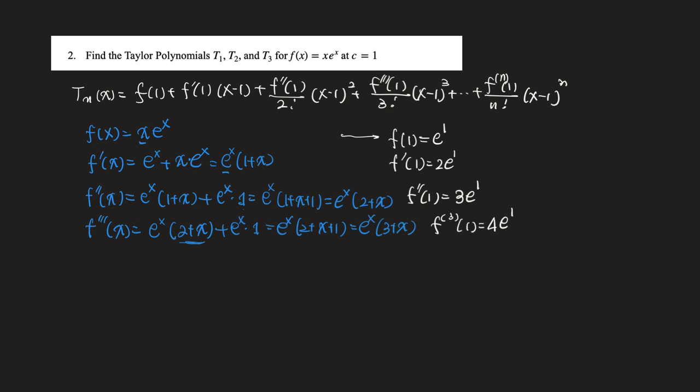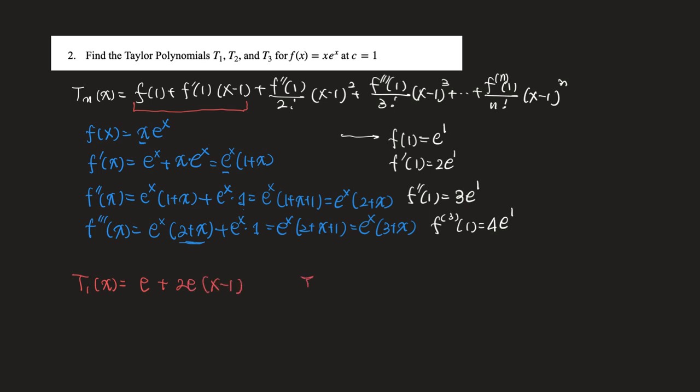Guys, see the pattern? Now, let's find the degree 1 polynomial, degree 2, degree 3. T1(x): you only take f of 1, f prime of 1 times (x minus 1). f of 1 is e, plus f prime of 1 is 2e, times (x minus 1).